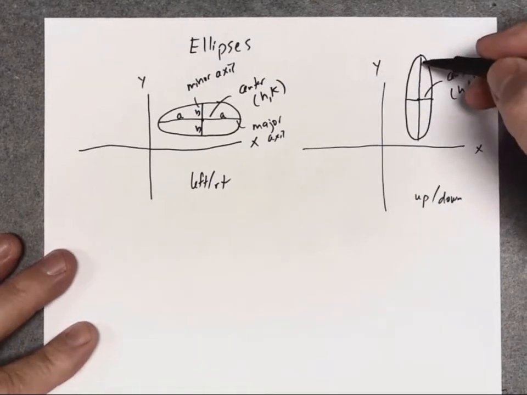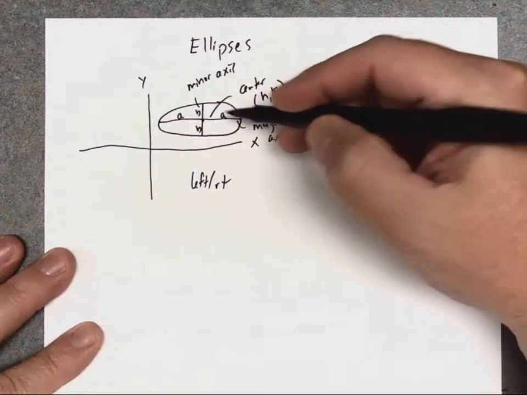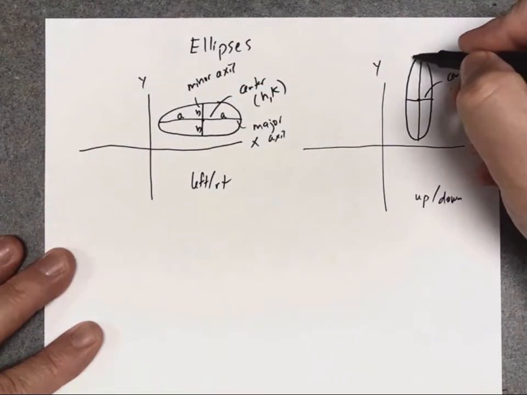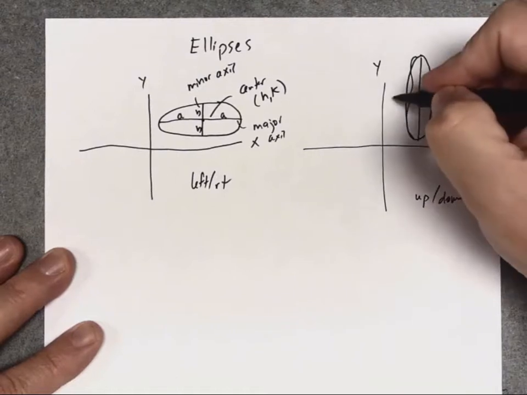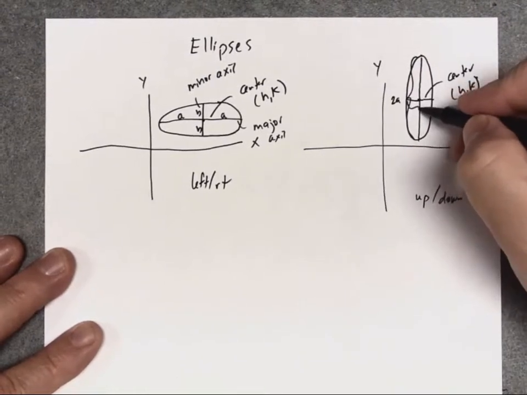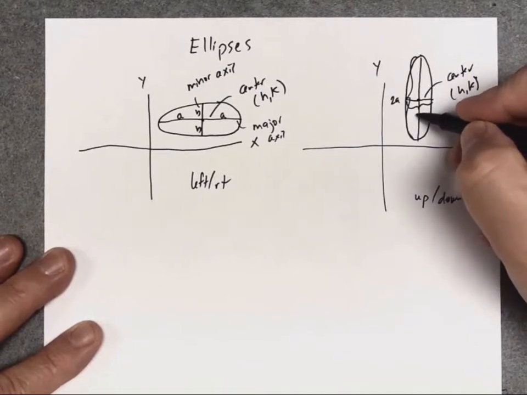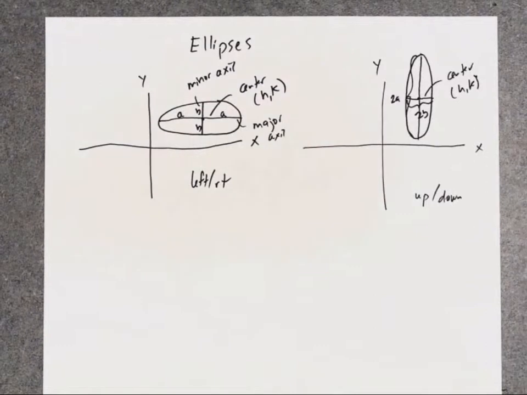Now sometimes you'll see in some diagrams, instead of doing a, b, b, they'll just take the whole major axis and say that distance is 2a, and then they'll take the minor axis and say that distance is 2b. We're really saying the same thing.